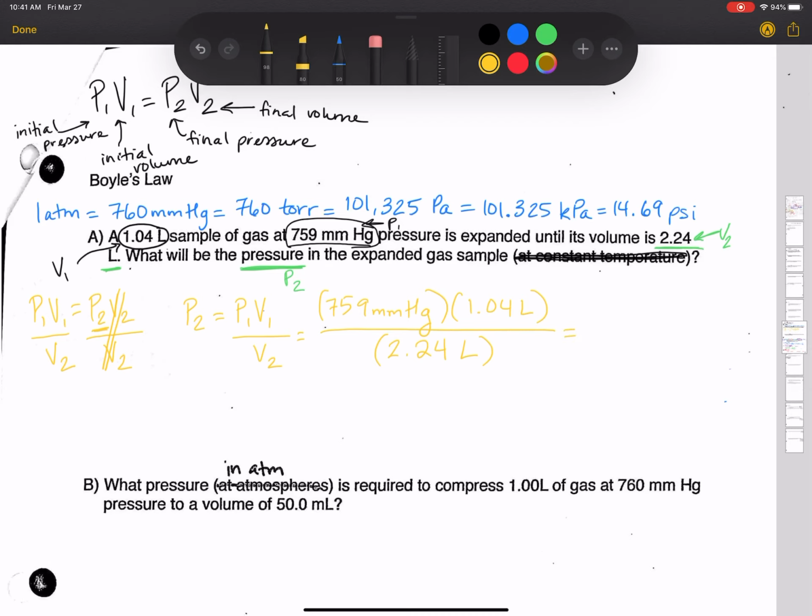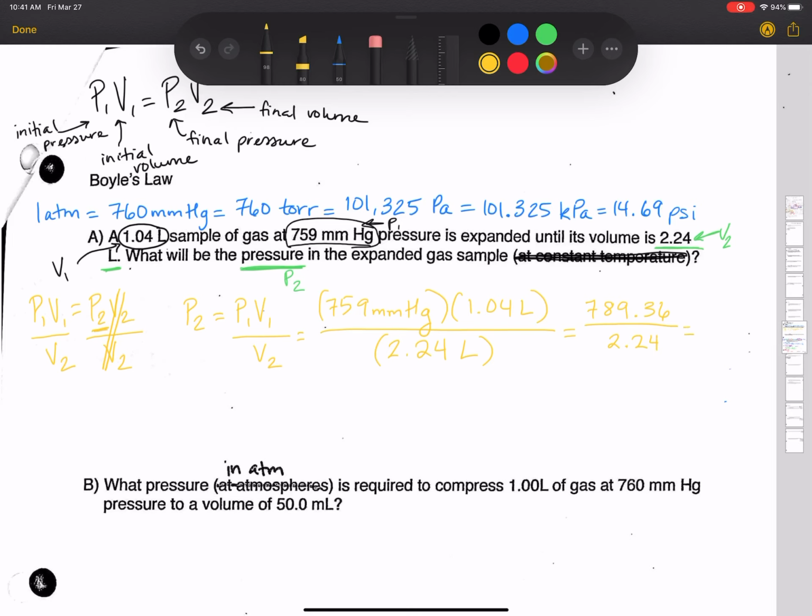Now all I need to do is multiply my numerator and divide that by my denominator. So I'm going to take a bit of a longer route and show you that if I multiply 759 by 1.04, I'm going to be left with 789.36. 2.24, I'm not doing anything with that in the denominator, so I'm just going to leave that as 2.24.